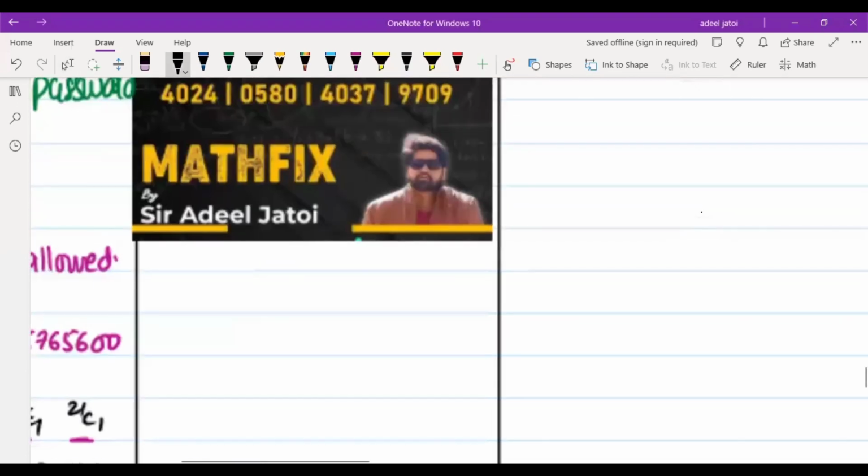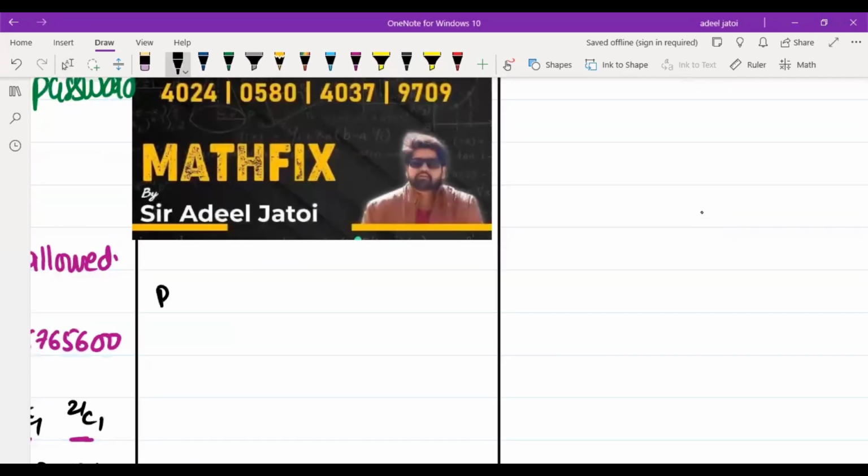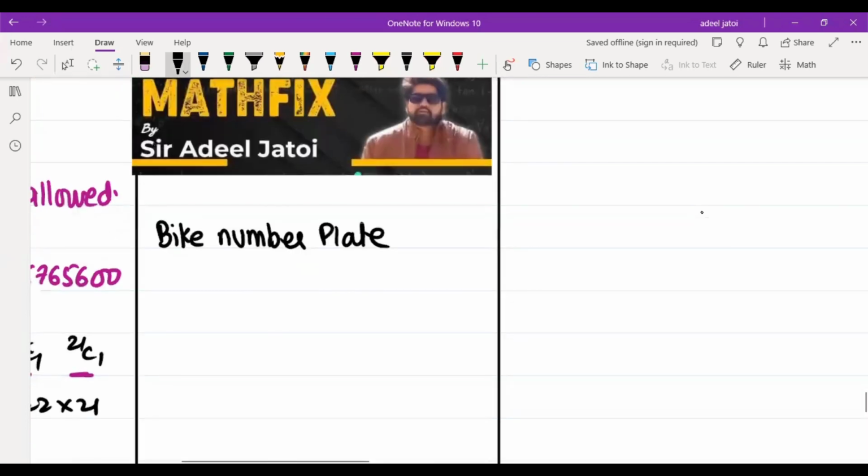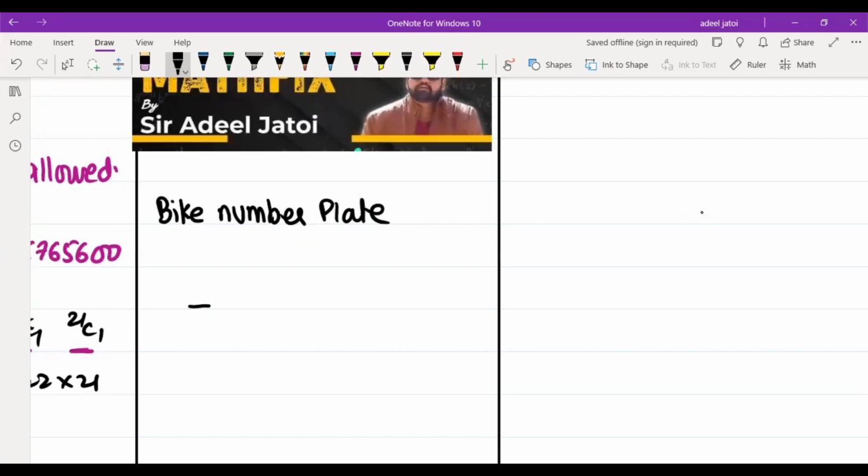Let's work on bike number plate, where we know one thing, that in a bike we used to have one alphabet and 4 digits.